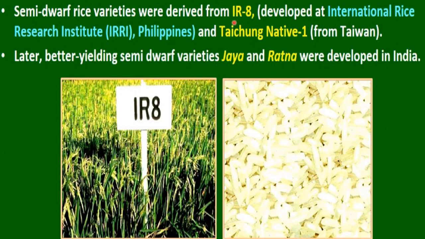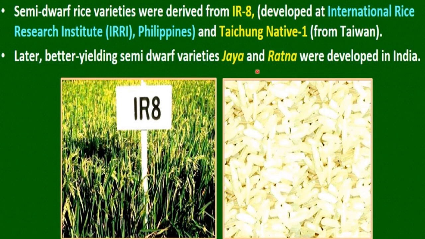So this IR8 rice variety was initially developed at the International Rice Research Institute, also called IRRI. This International Rice Research Institute is in the Philippines, and the Taichung Native 1 variety of rice was from Taiwan.